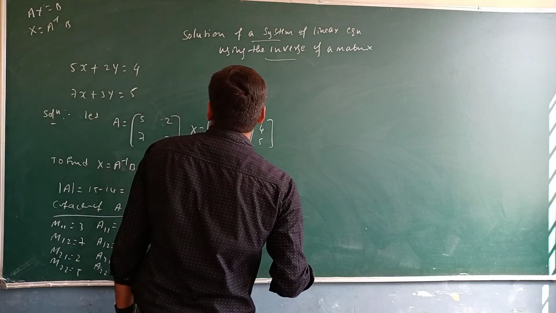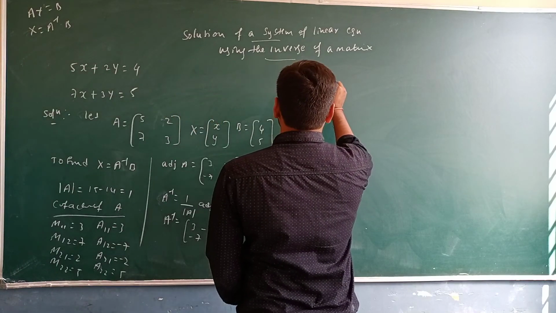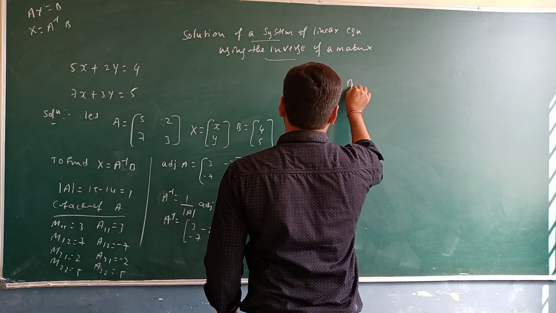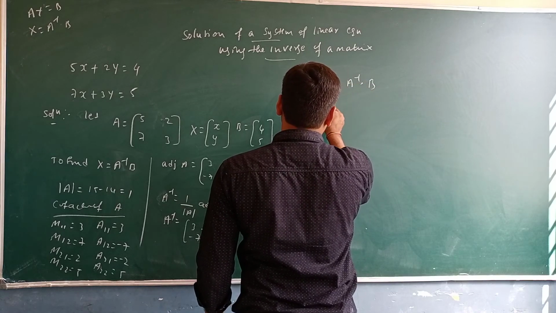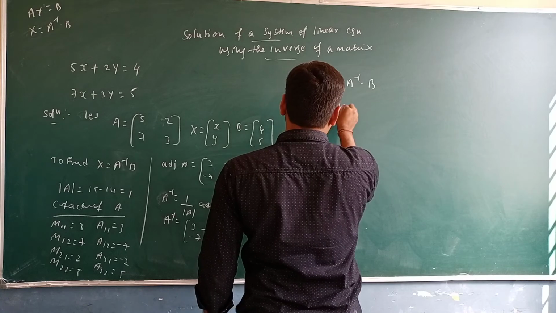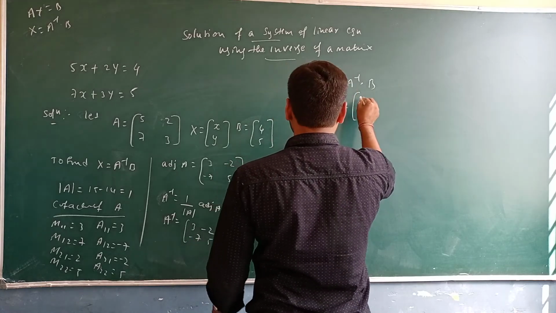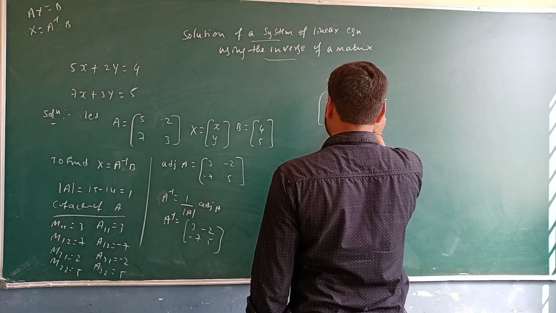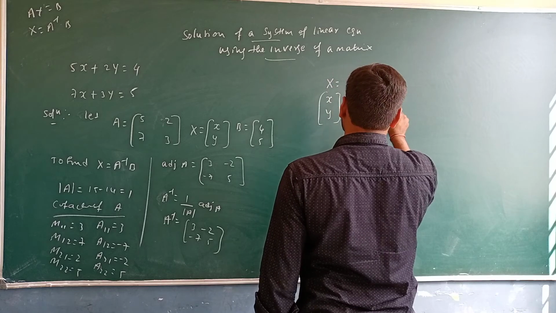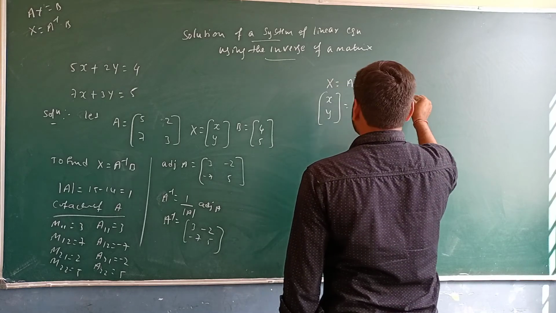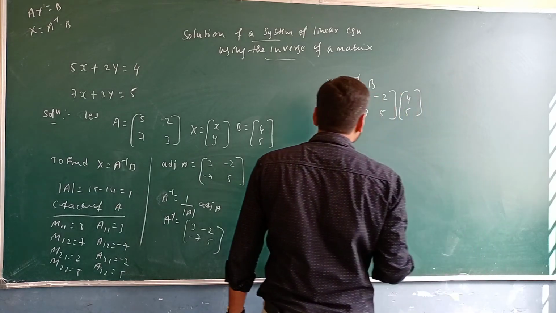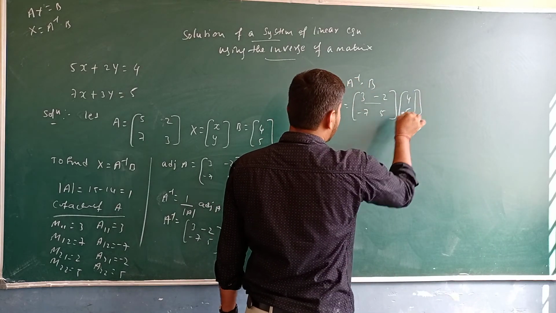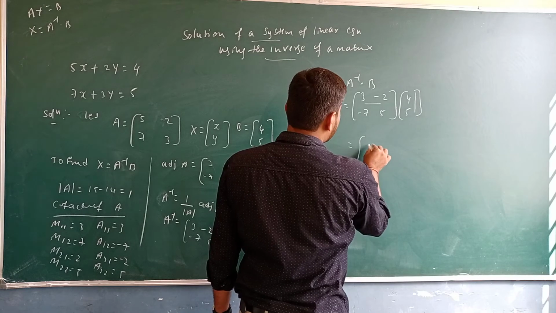So to get the solution for the linear equations, we have the formula x is equal to a inverse into b. So x y is equal to a inverse, which is 3 minus 2 minus 7 5, and b is 4 and 5. We need to multiply the corresponding rows and corresponding columns. So first row with the first column, we get the first element.